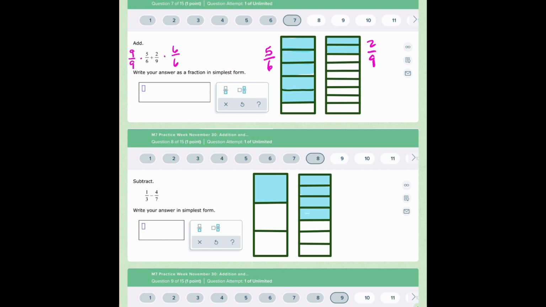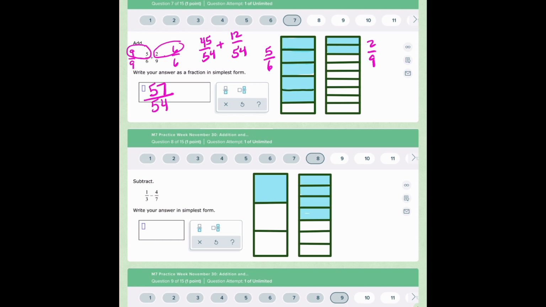And 6 times 9 is 54 as the bottom denominator there. 9 times 5 is 45. And 2 times 6 is 12. I have to add the top numbers. 45 and 12 is 57.